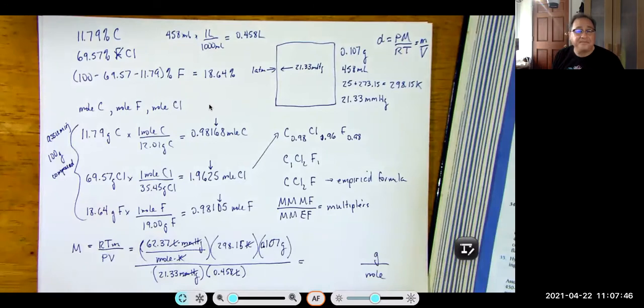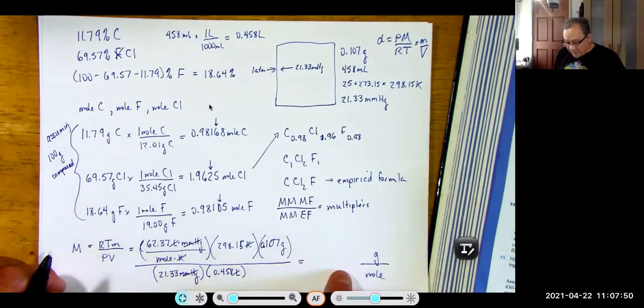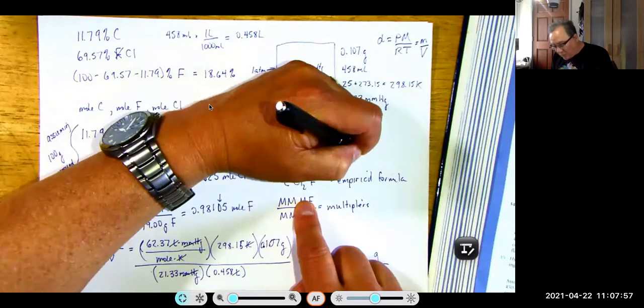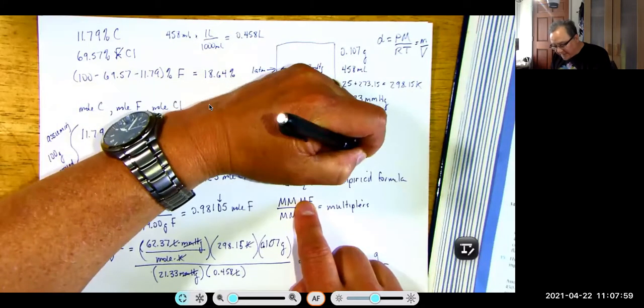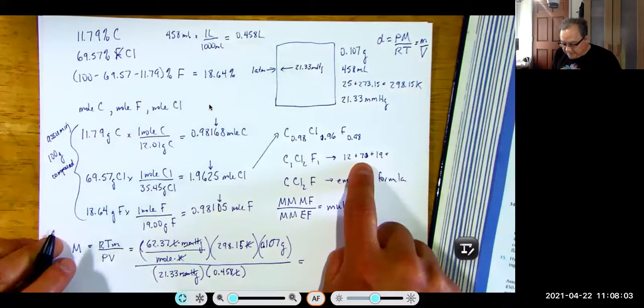You with me? Yeah. Okay, so if we know the molar mass is about 190, and we know this has a molar mass of 12 plus 71 plus 19, which totals about 100 or 95.